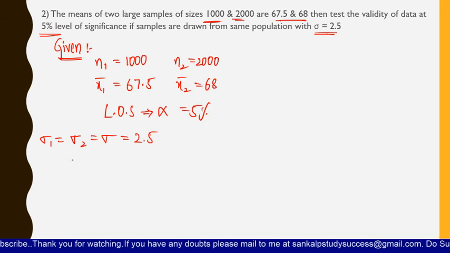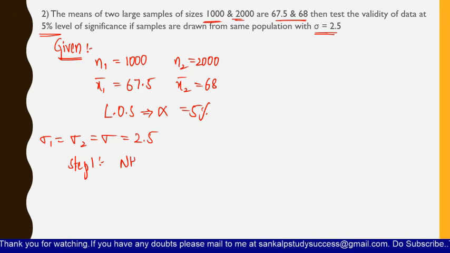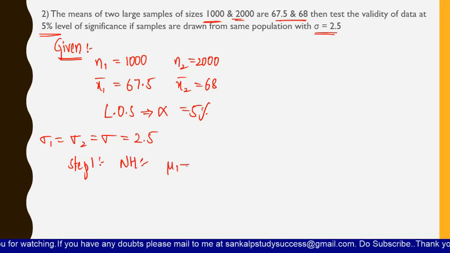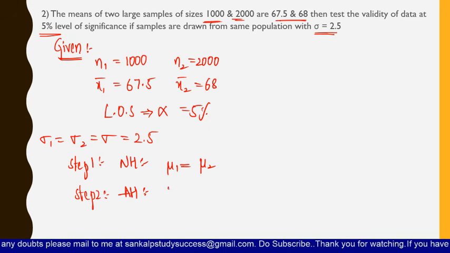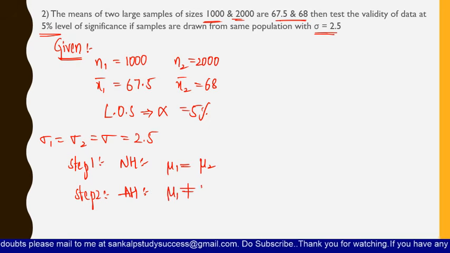Now let us go step by step. Step 1 is the null hypothesis, where you consider mu1 is equal to mu2, which you will assume. Then step 2, the alternate hypothesis, will be exactly opposite to the null hypothesis, where you consider mu1 is not equal to mu2.